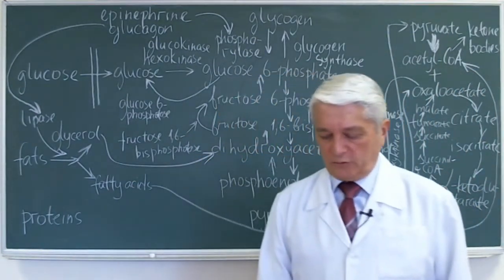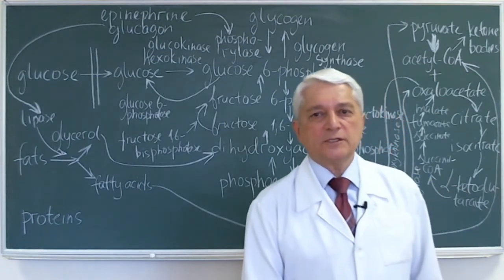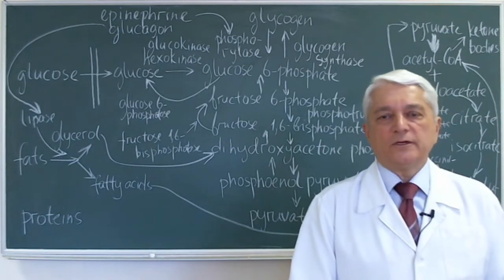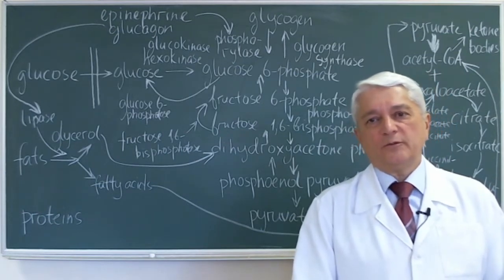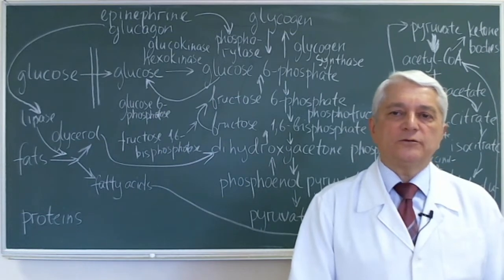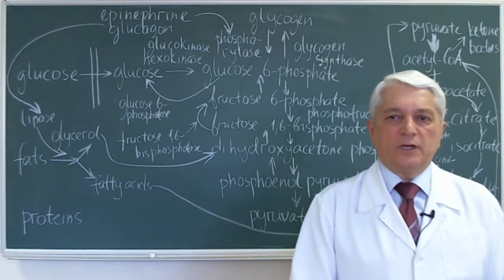Now let's go to proteins. You know that proteins are polymers of amino acids, and we have two types of amino acids if we decide to say about their metabolic ways.